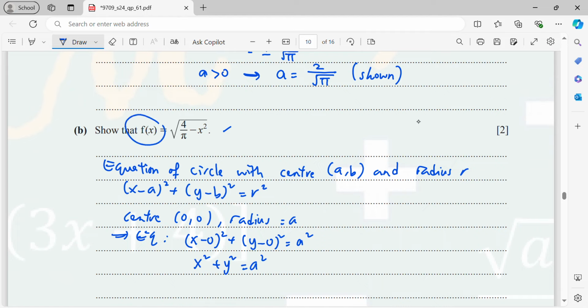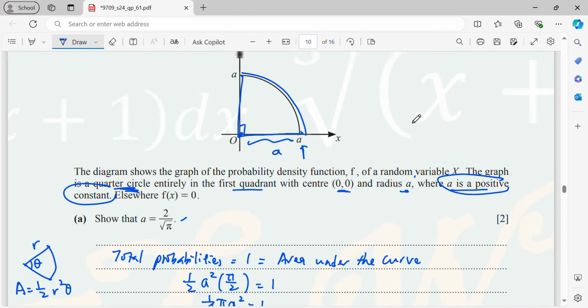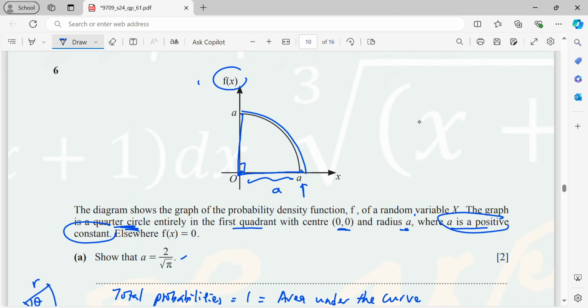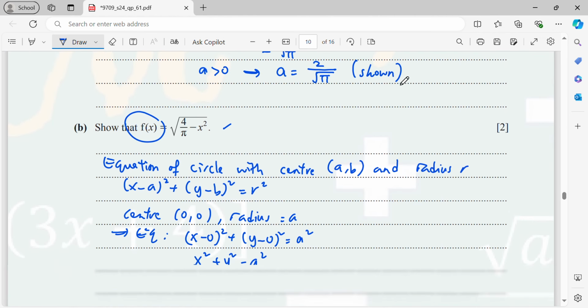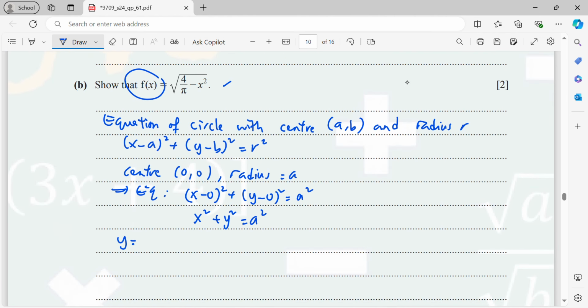And now this f(x) is actually my y. Normally we write x and y, so now I will change my y into f(x). Therefore, I will get f(x) squared plus x squared equals a squared.